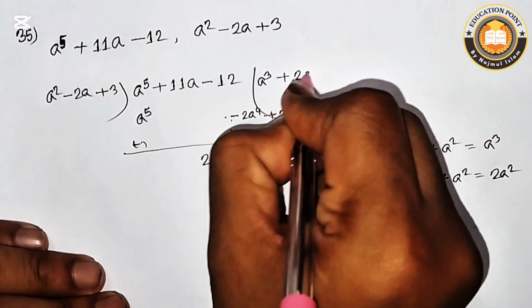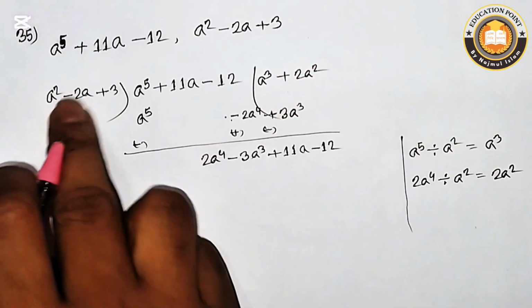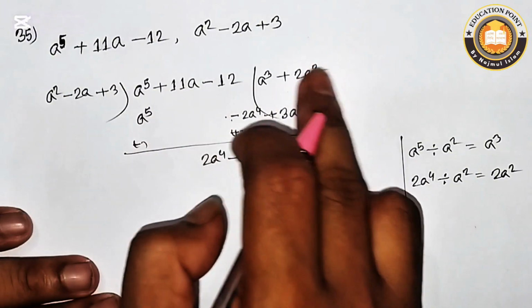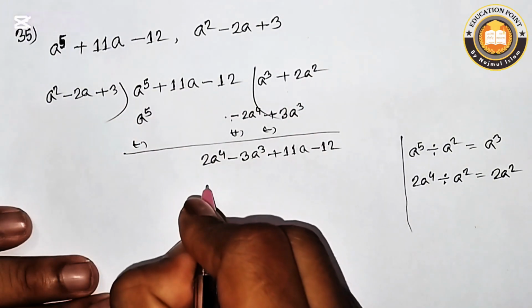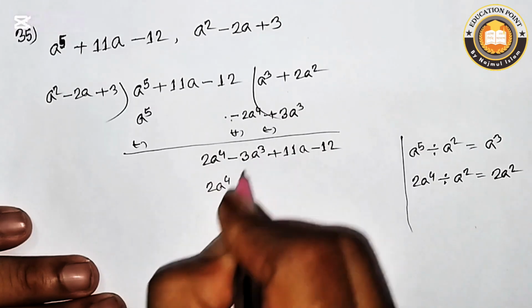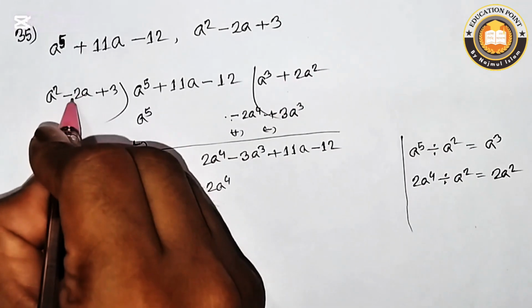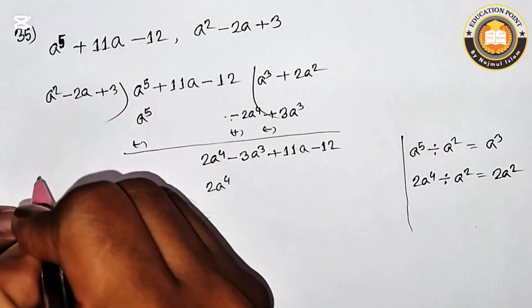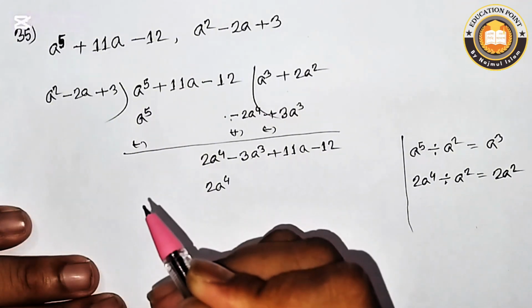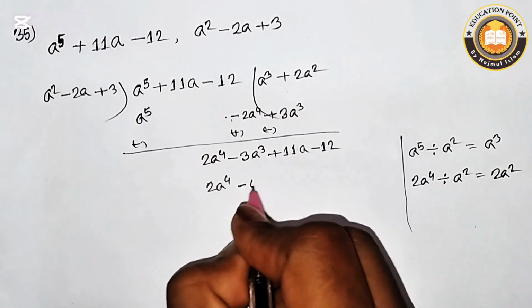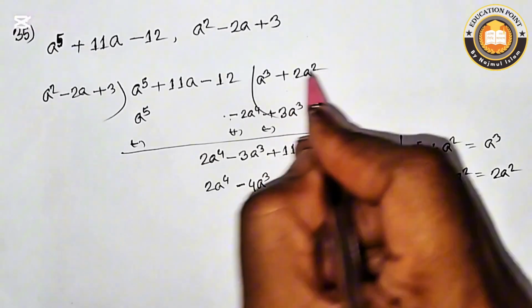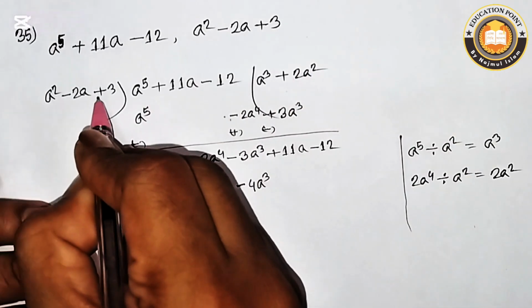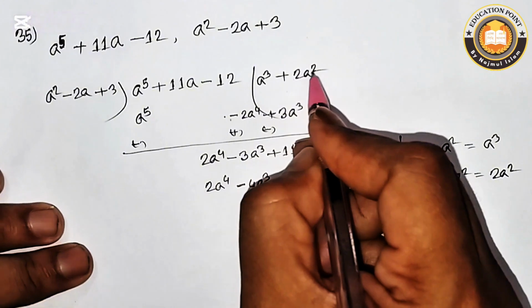Now plus 2a square multiplied with a square minus 2a plus 3. 2a square multiplied with a square means 2a to the power 4. 2a square multiplied with minus 2a means minus 4a cube. Then plus 2a square multiplied with plus 3 means 6a square.